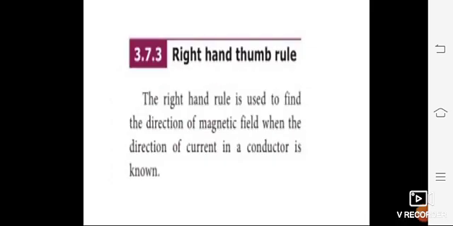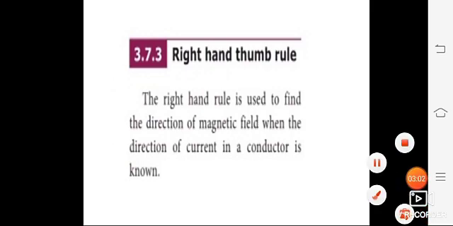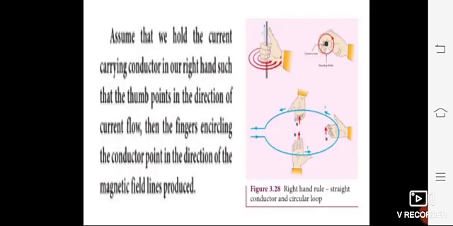Now I am going to teach the right hand thumb rule. The right hand thumb rule is used to find the direction of the magnetic field for a current carrying conductor. When the direction of the current is known, we can find the direction of the magnetic field by using the right hand thumb rule.